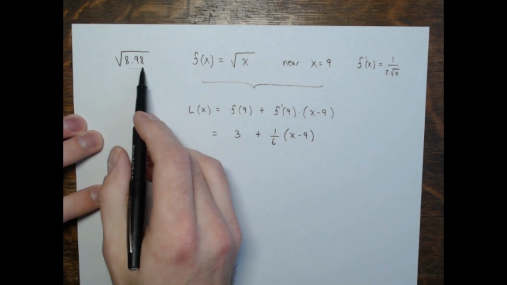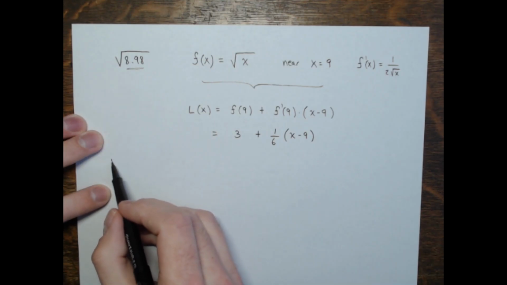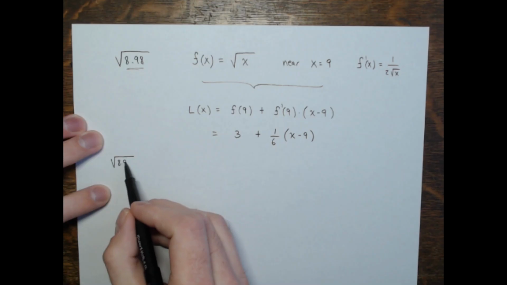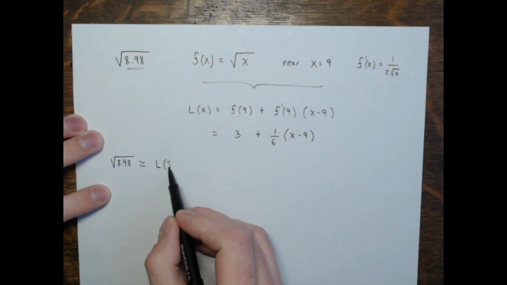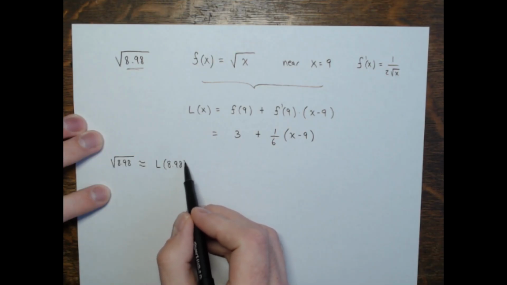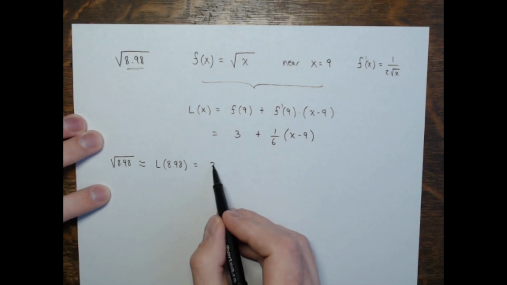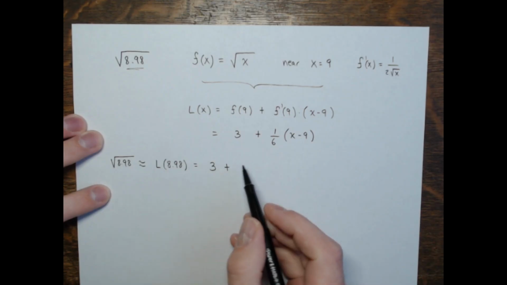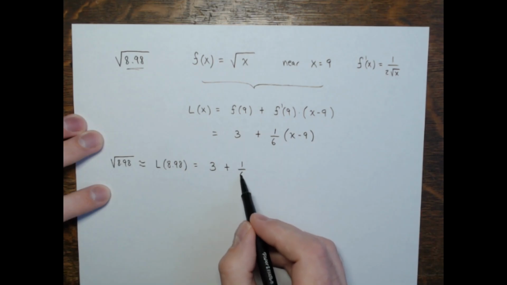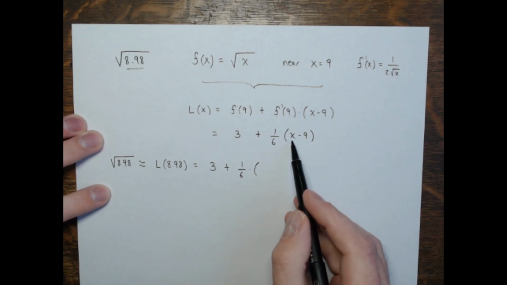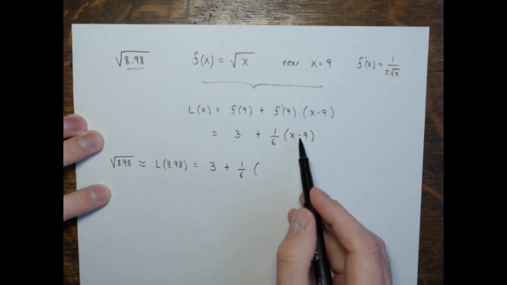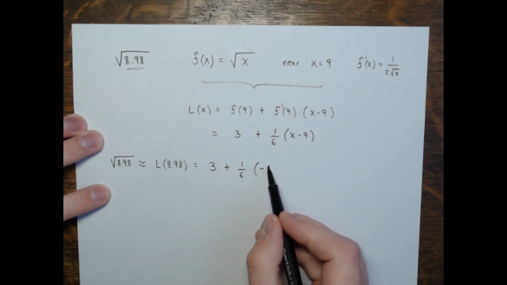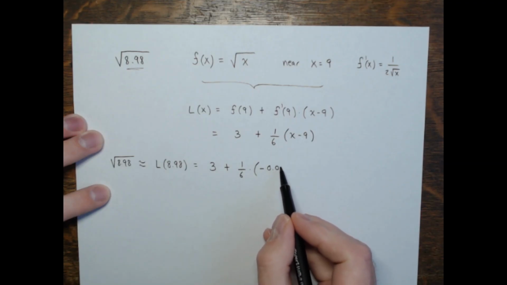And then we're plugging in 8.98. The square root of 8.98 should be approximately the value of this tangent line at 8.98. So that'll be 3 plus 1/6 times, and when you plug in 8.98 here, 8.98 minus 9 would be negative 0.02.